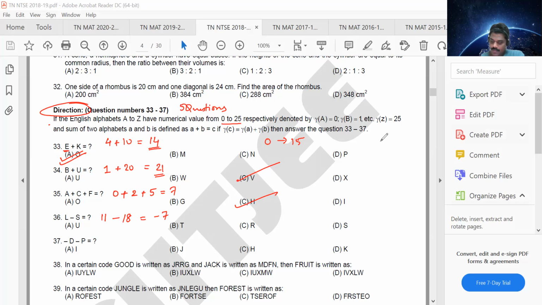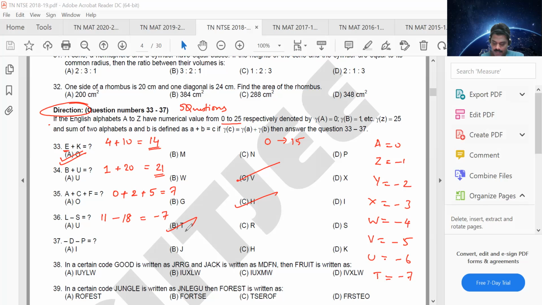Now A is 0, Z is minus 1, Y would be minus 2, X is minus 3, W is minus 4, V is minus 5, U is minus 6, T would be minus 7. So your answer is T, right? Very simple. You have to basically move 7 letters back in clockwise direction.